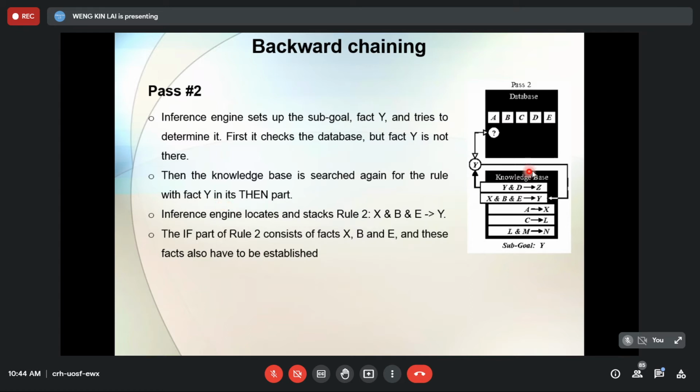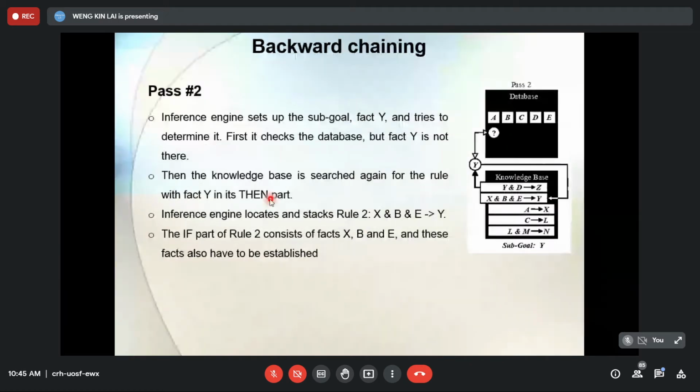So then, of course, again, the same thing applies. You cannot process the rules that have been checked before. So that's why you skip rule number one, you go for number two. Then you're looking for the Y part, which is a sub goal.